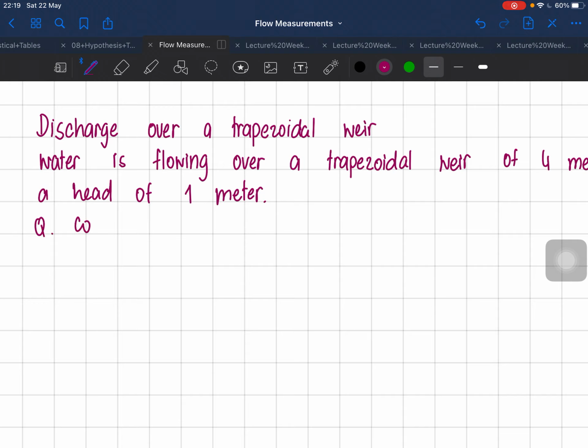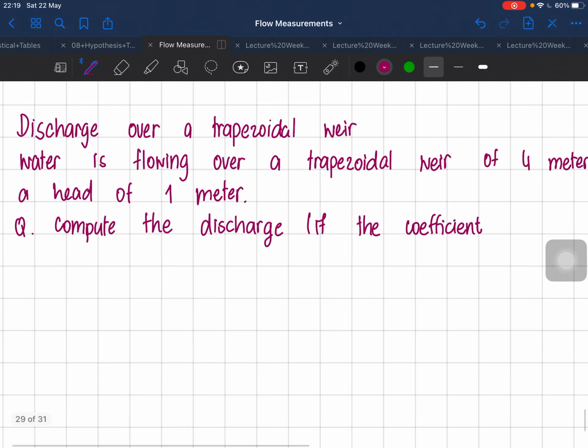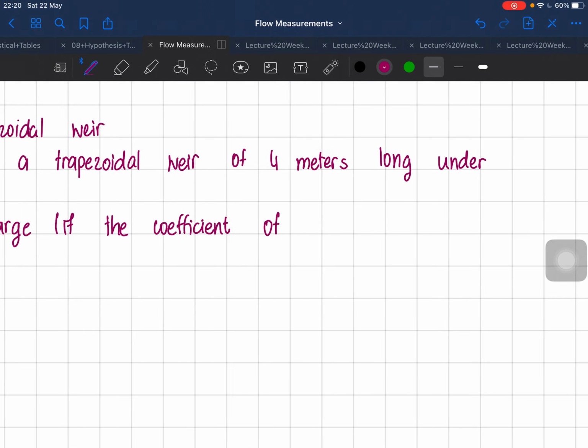So now the question is, compute the discharge. Find the flow rate of the water if the coefficient of discharge is 0.6.